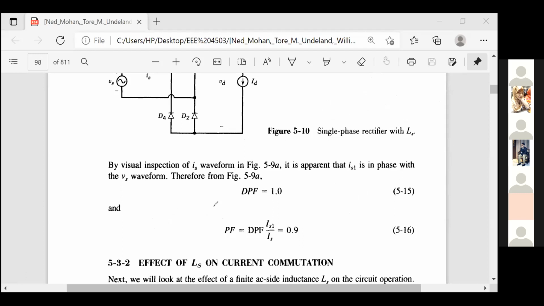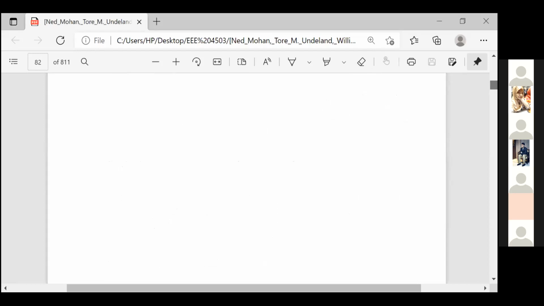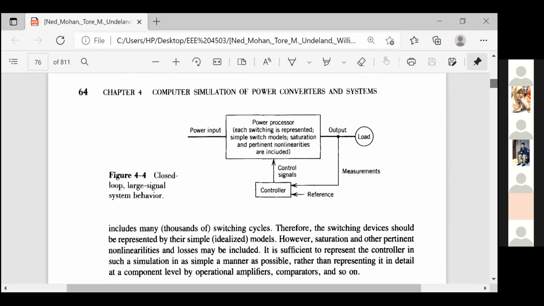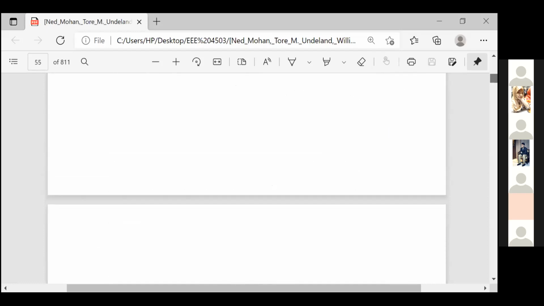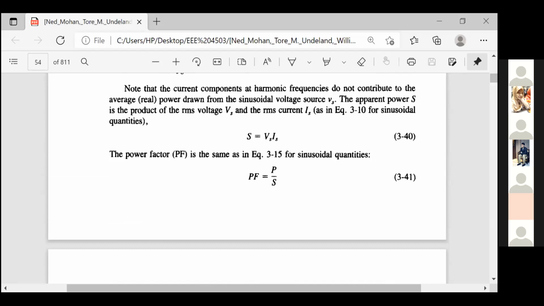I got confused about this one yesterday too, when I was teaching the master's students. There was some question here. Look here, the power factor is this one.